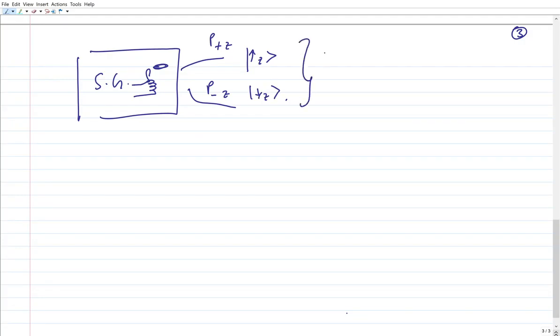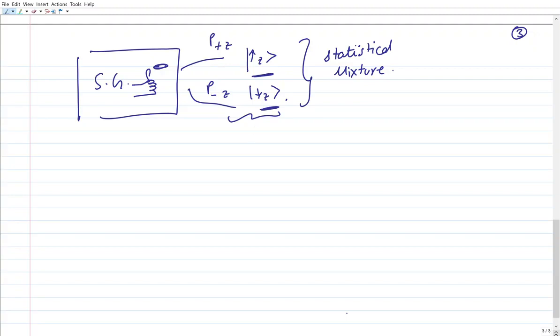So over here I have a statistical mixture. Notice in this setup, the state I am popping out not only contains state vectors, I also have to make use of the information contained in the subjective probabilities P plus z and P minus z.